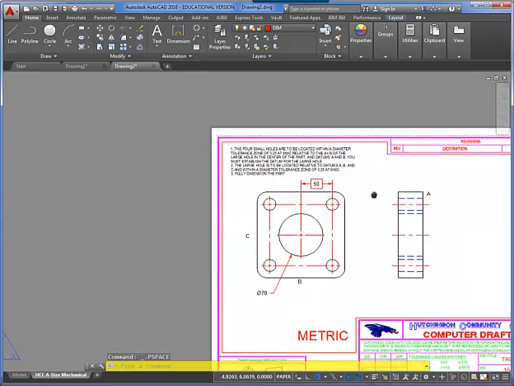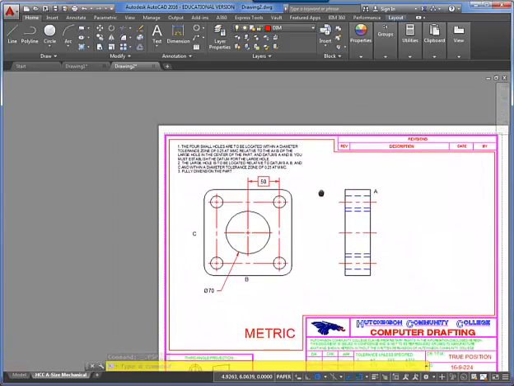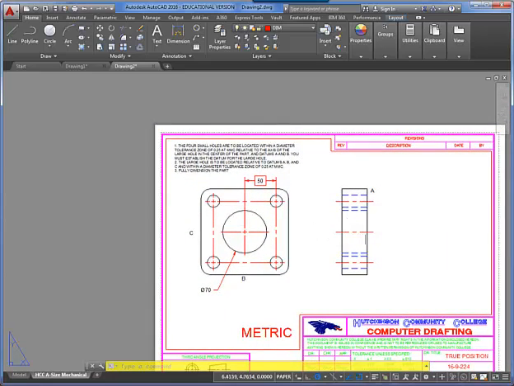And then fully dimension it. Which really, the only thing left to dimension should just be the thickness of the rectangular shape, because you should have dimensioned the location of all the holes before that.